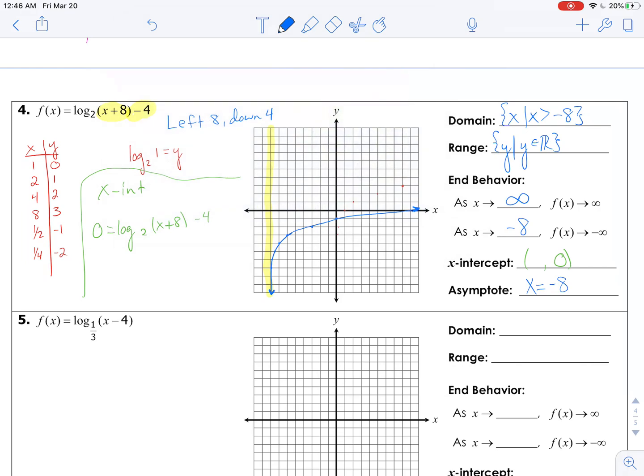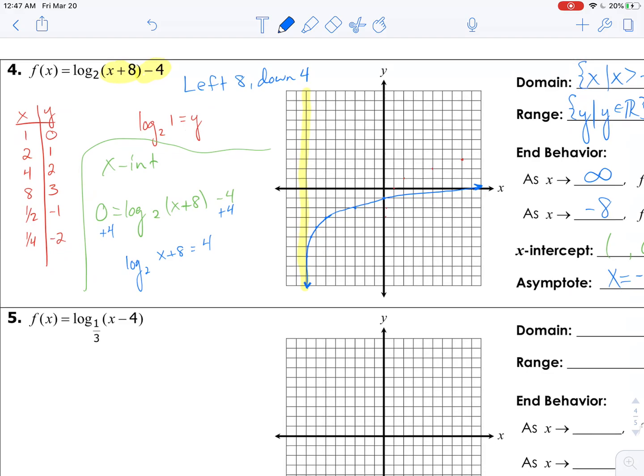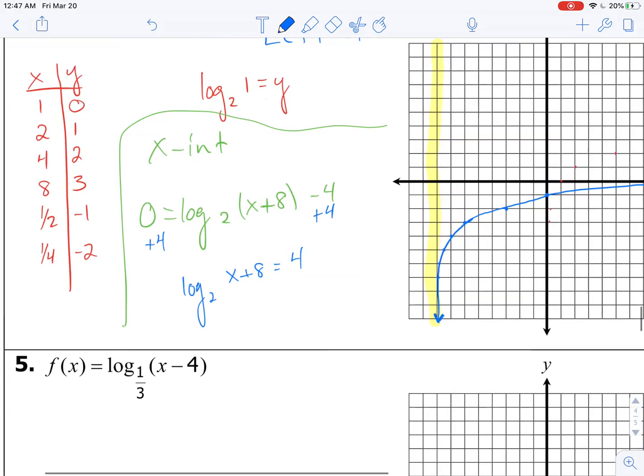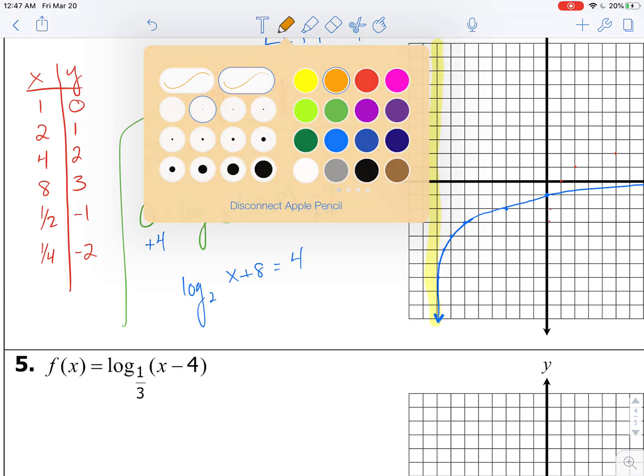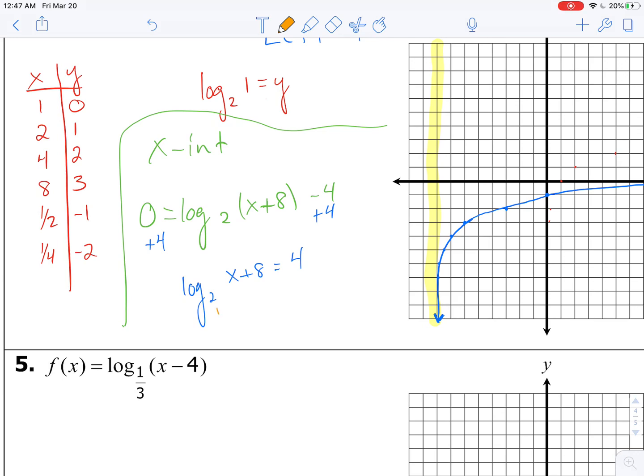Now, let's get our log by itself. So we can add 4: log base 2 of x plus 8 is 4. And anytime I've got a logarithm set equal to a number, what we can do is write this as an exponent. So the base of the exponent is the base of the log.